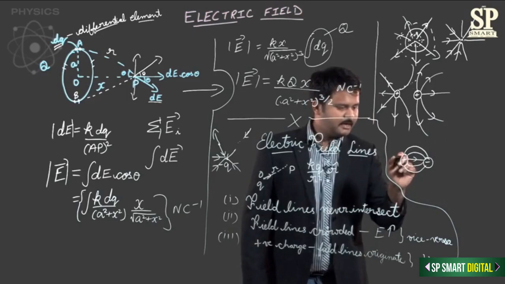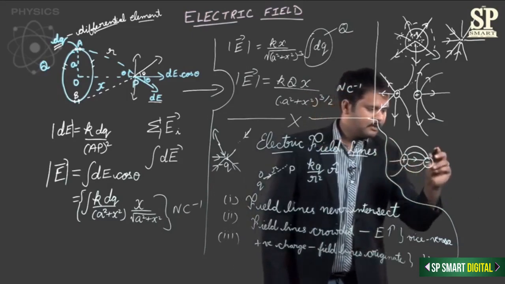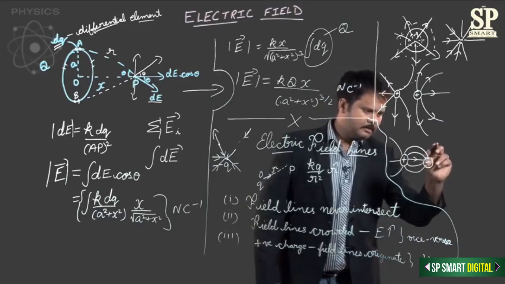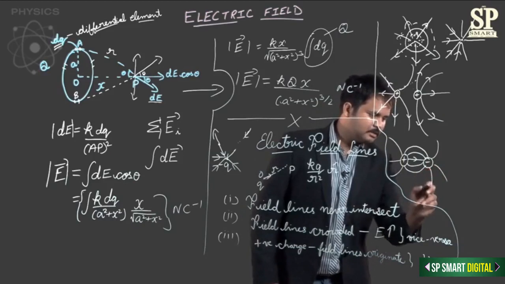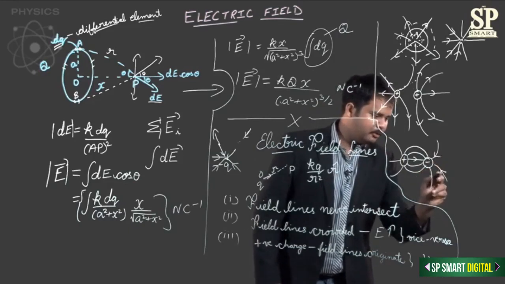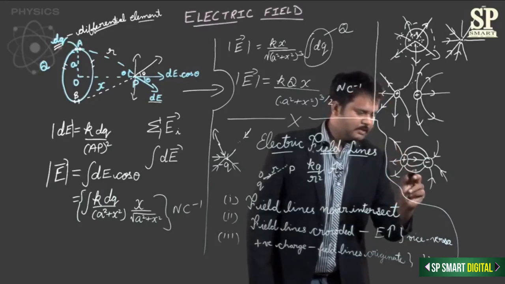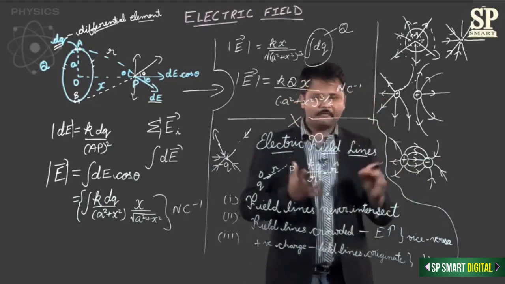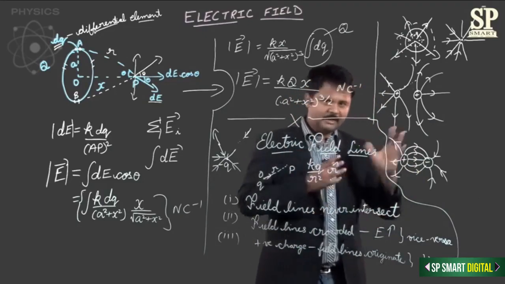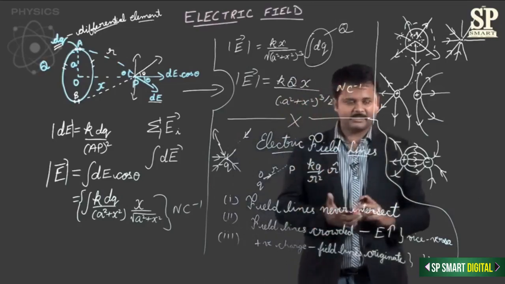And this side it will look like this, and here it will come to the charge. So I only have to draw the arrows here. This will be plus, this will be minus. So whenever you draw a field line, draw two things: the lines themselves and also the arrow. The arrow is very important to depict the direction of the field line.